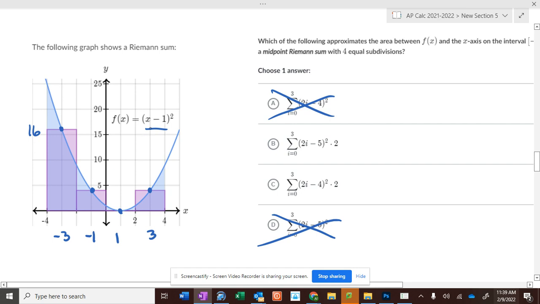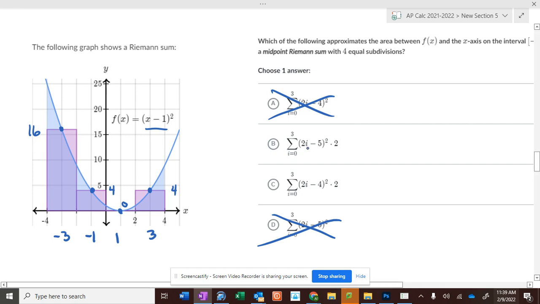If we put -1 into this function, what's the height of this one? 4. If we put 1 into this one, what's the height? 0. And if we put 3 into this one, what's the height? 4. Okay? So we want to get heights of 16, 4, 0, and 4.